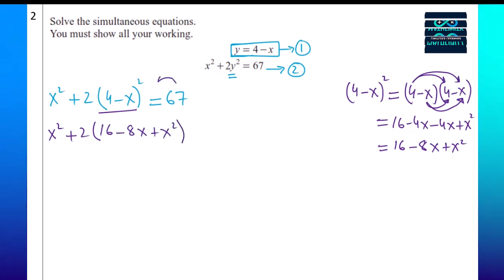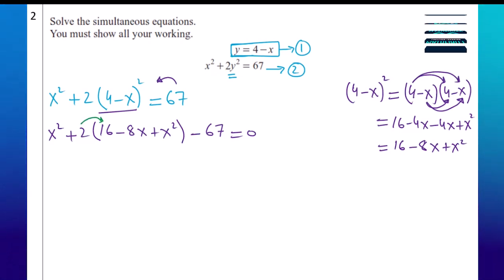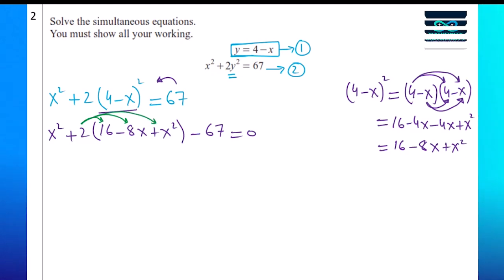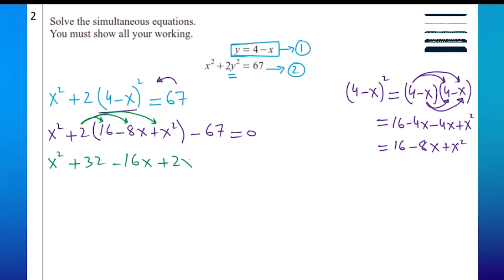Also you have to bring the 67 here, because according to the general form, ax square plus bx plus c, it must be equal to 0. So it will become negative 67 equal to 0. We will open the bracket and multiply each term by 2. So x square plus 32 minus 16x plus 2x square minus 67 equal to 0.